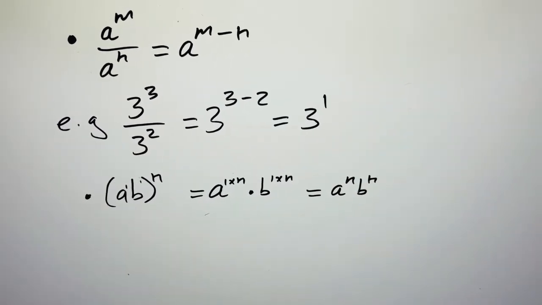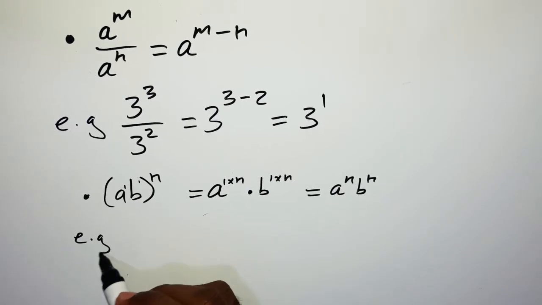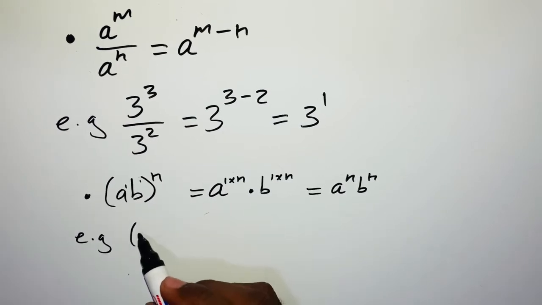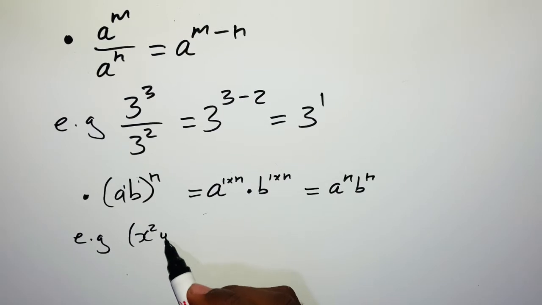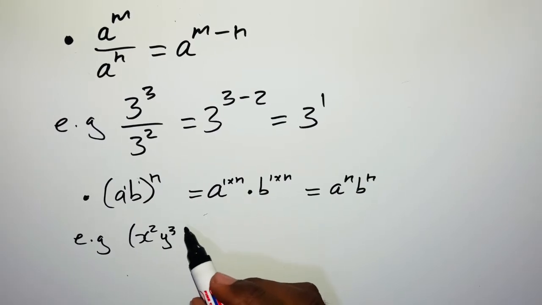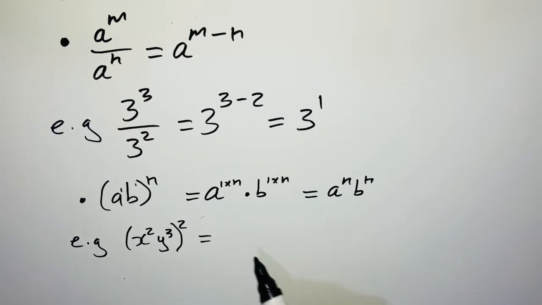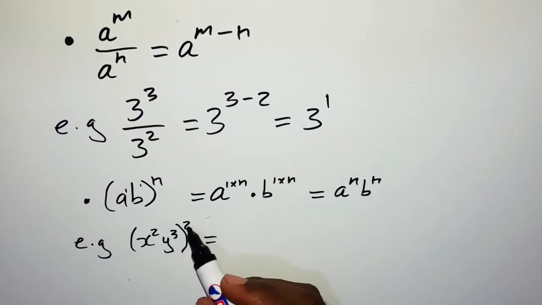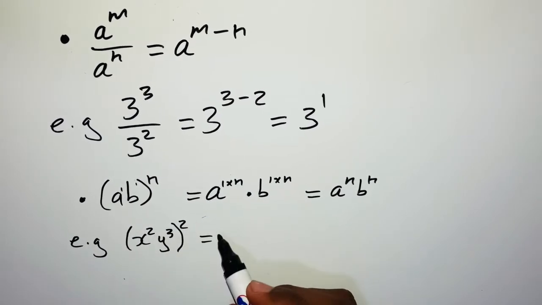That's our third law. For example, if we are to go for x to the 2, y to the 3, close bracket to the 2, we are to apply this law, which is this 2 is going to multiply both the exponents.